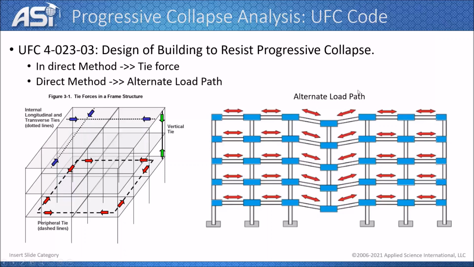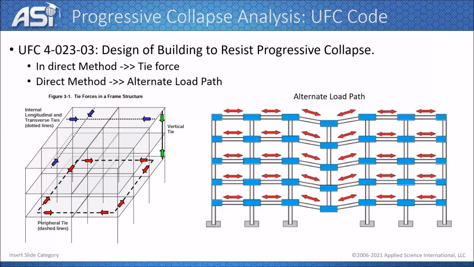The second method is the alternate load path method, where the engineer or the designer has to remove a primary structural component from the building and then check if this building is going to fail or not. And the failure here is not described by a visual failure in the building.